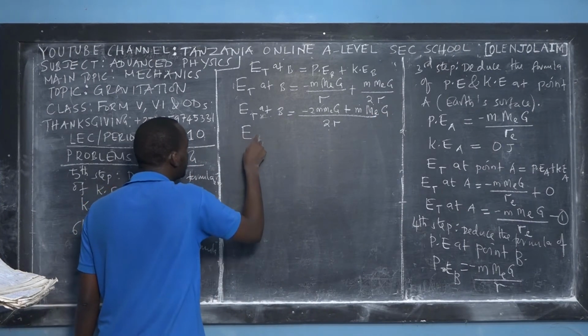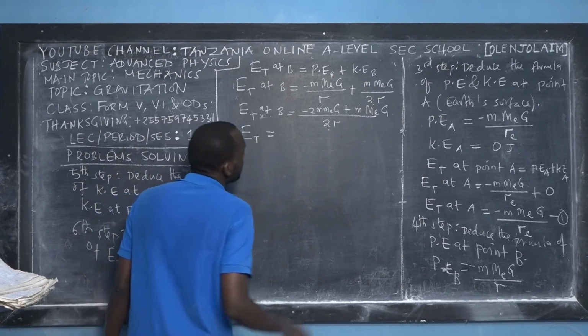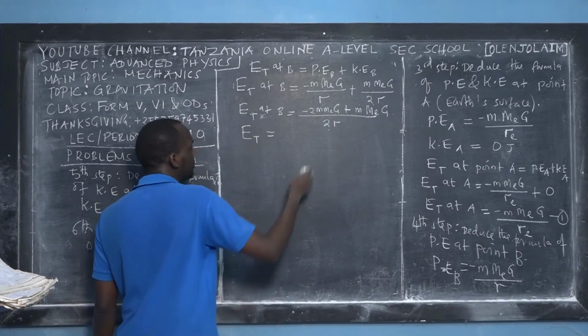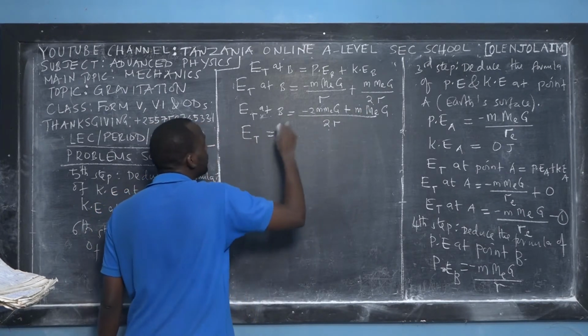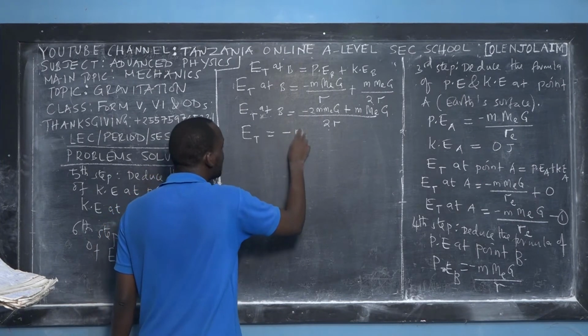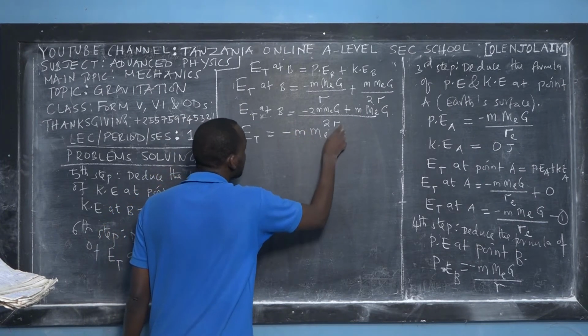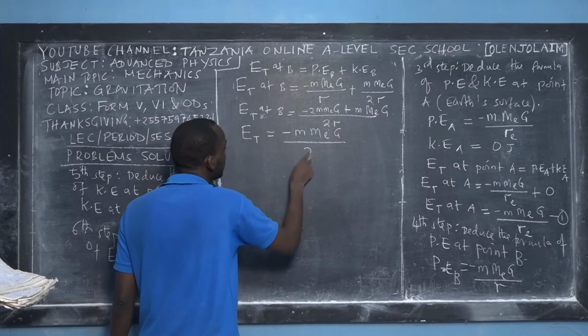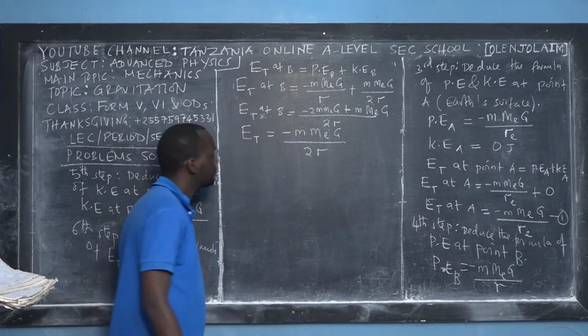So total energy at B, these are the same physical quantities, so what remains is negative mass, mass of the S, universal gravitational constant over twice R.